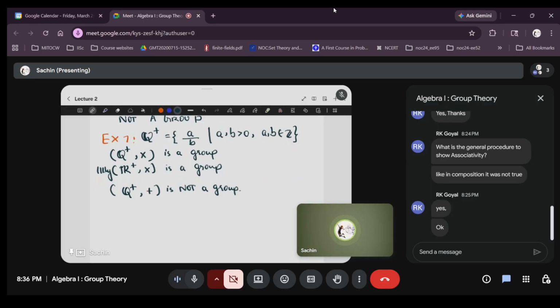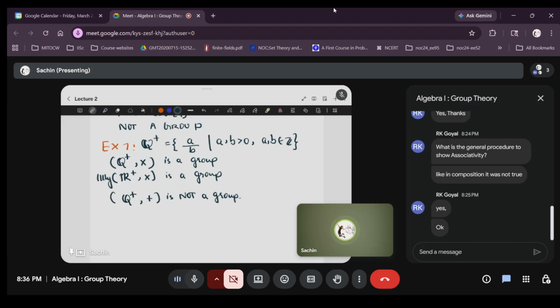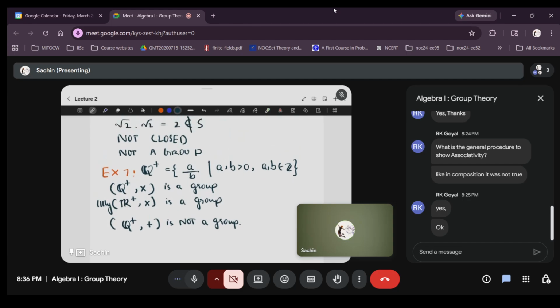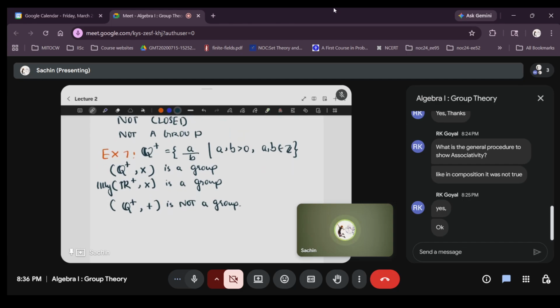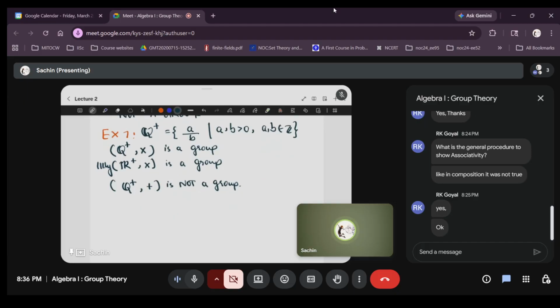That's because under addition, none of the positive numbers have an inverse which is a positive number. So the inverse will not belong to the set. So this is another caution that the operation is important. The same set can be a group under one operation, but not a group under a different operation.